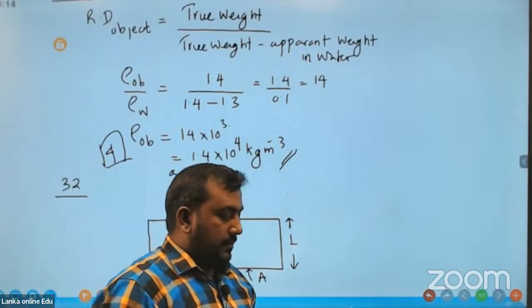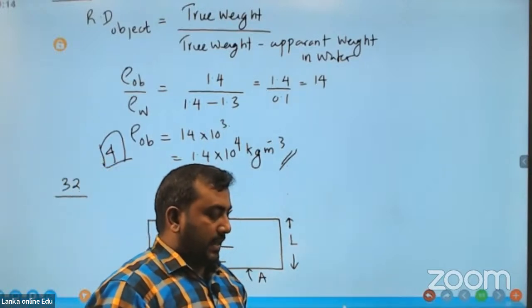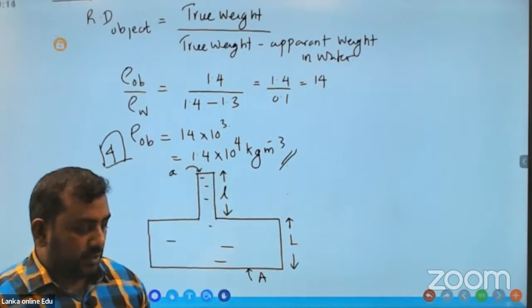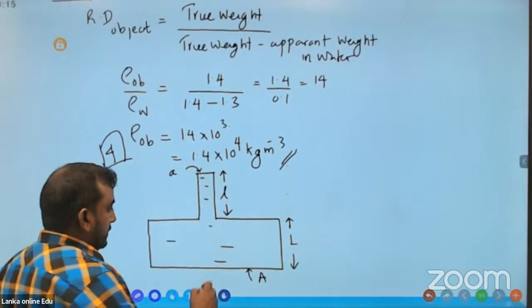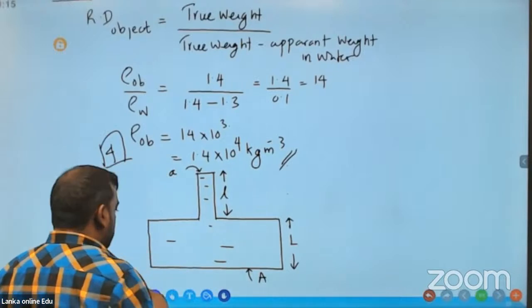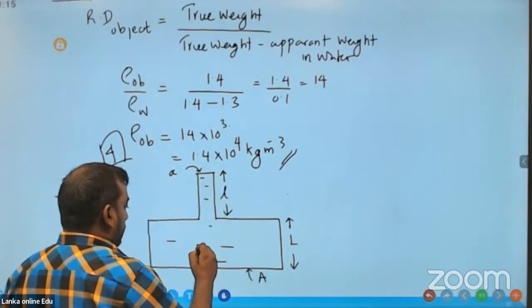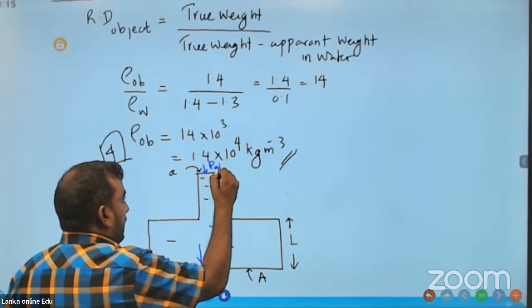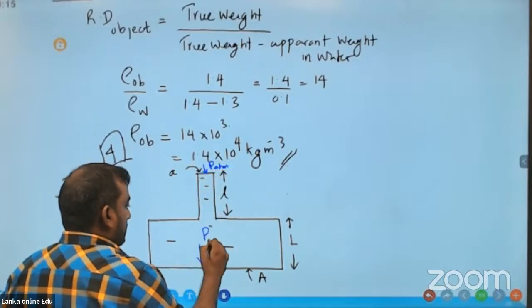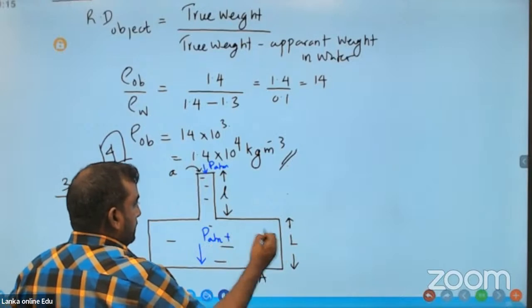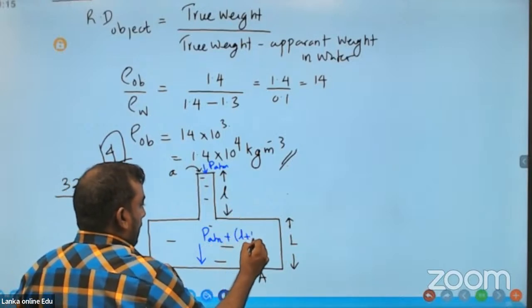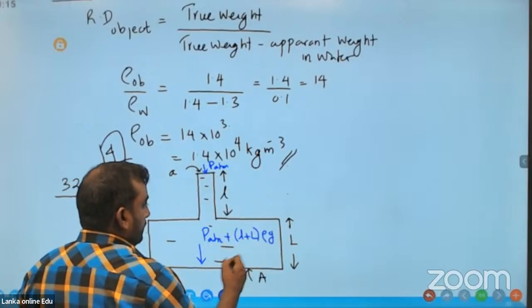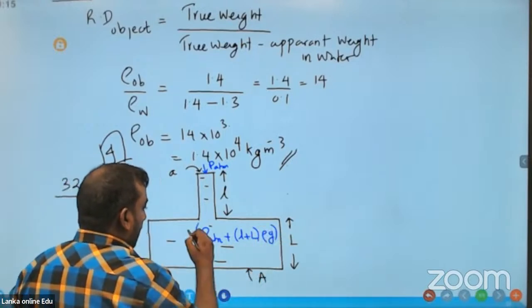What are they asking? The force acting at the bottom of the vessel is equal to, remember this, the hydrostatic pressure force. All of you all know the hydrostatic pressure force here. Don't forget, it will be P_atm plus (simple L plus capital L) rho g, whole thing times area.